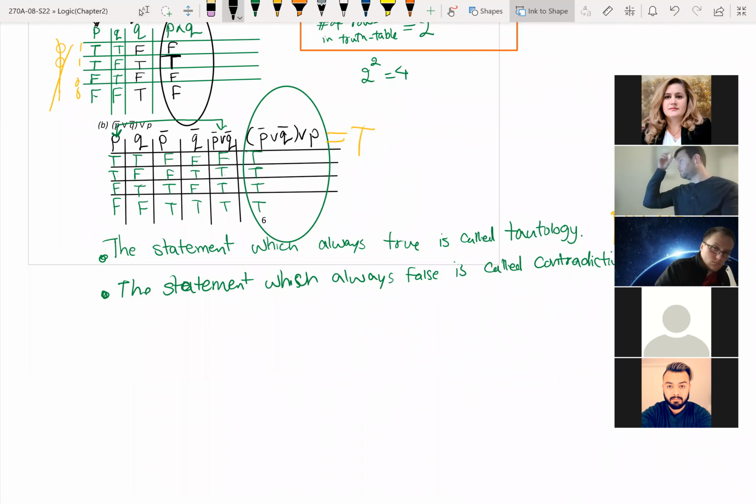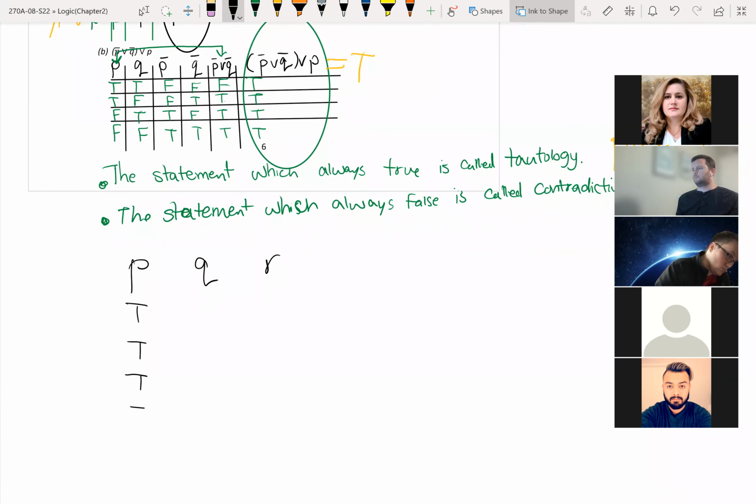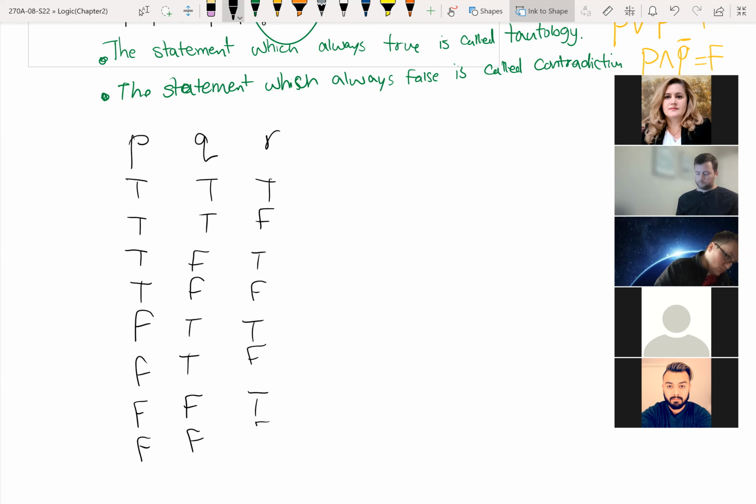So if you have three statements, P, Q and R, it's going to be true, true, true, true, false, false, false, false, then true, true, false, false, true, true, false, false, then true, false, true, false, true, false, true, false, okay? Since you have three statements, you have 8 rows. Does it make sense how it's changing in a power of 2? Yes.